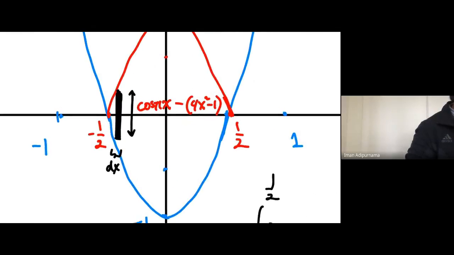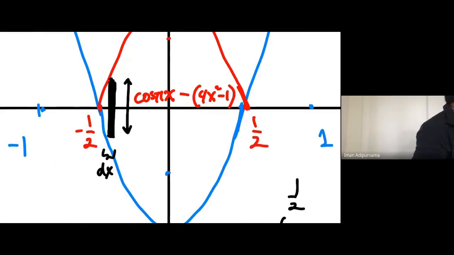So we multiply the dx with the height, which is the difference between the curve on the top and the bottom. Mostly in area between curves, this is always the basic concept. There's no complicated formula. It's quite simple.